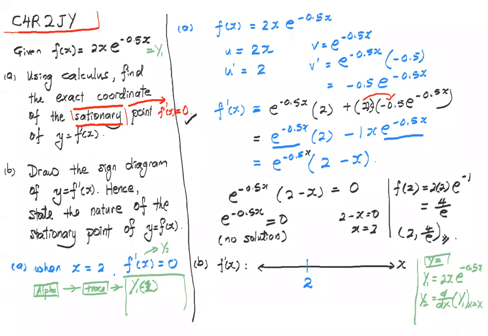Amel? Okay, I think you should get a negative value, correct?